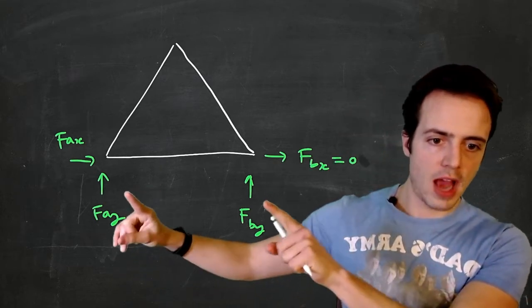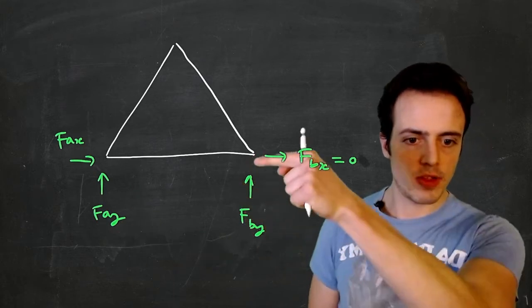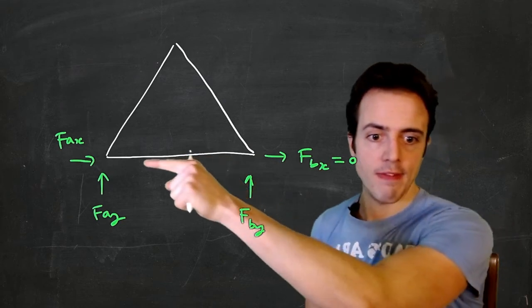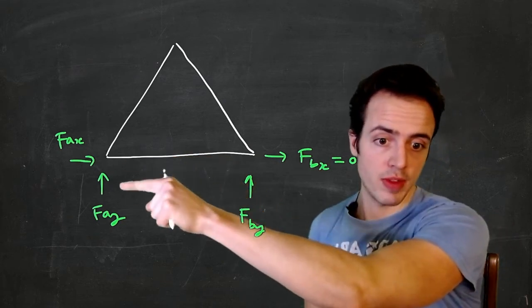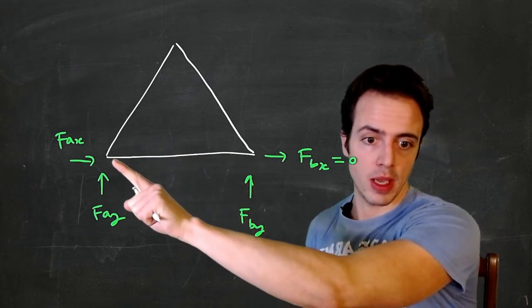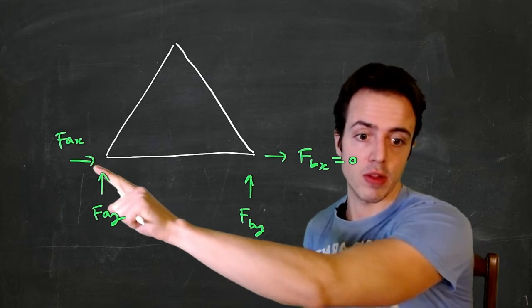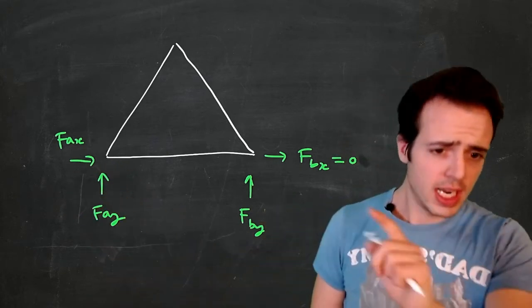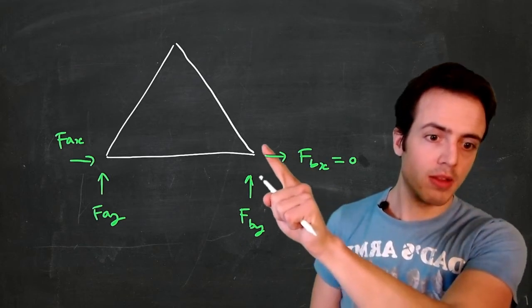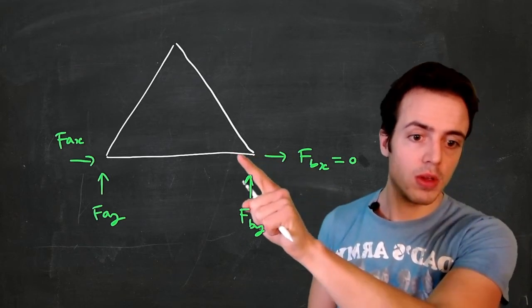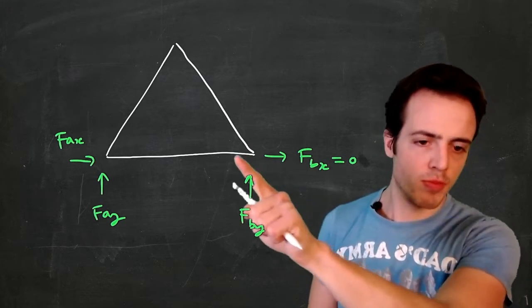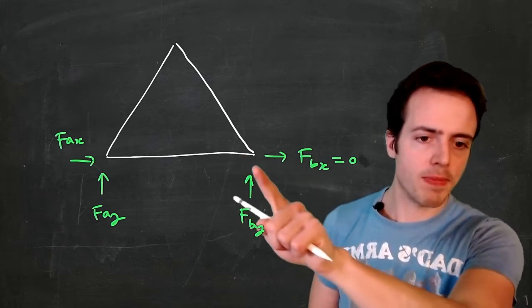What these reactions are doing, FBY is stopping node B moving downwards. FAY is stopping node A from moving downwards, and FAX is stopping node A from moving to the left. That's assuming these are all positive values in here. FBX is stopping the structure moving to the right, or stopping the structure from moving to the left in terms of a positive sign here.